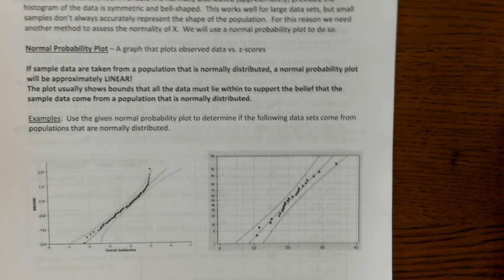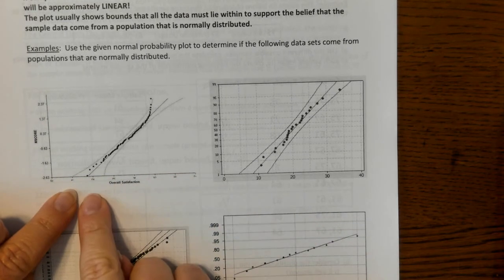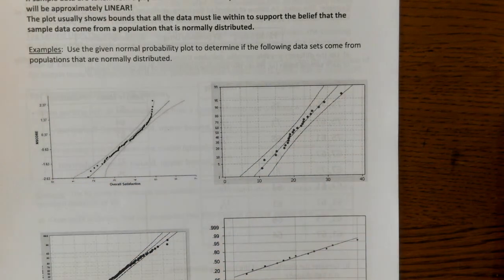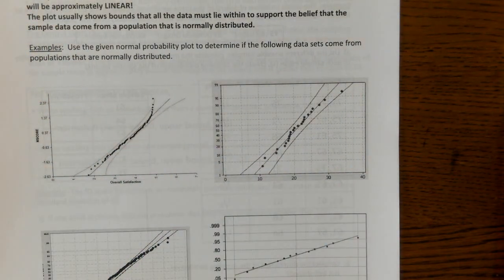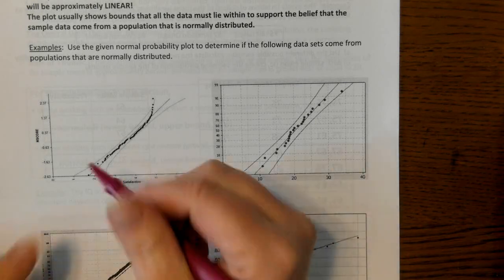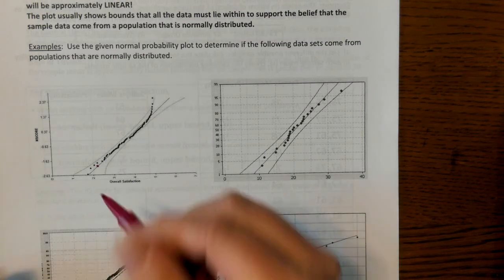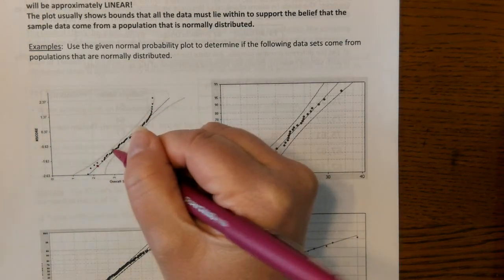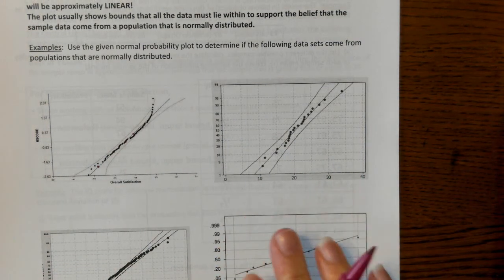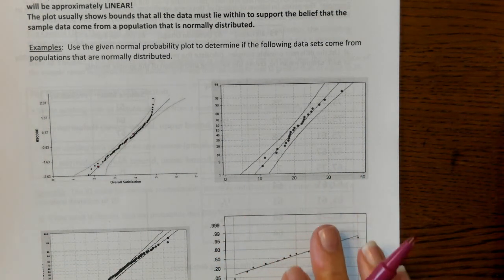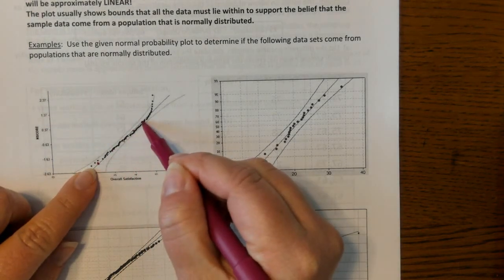Okay, so what they do is they take all the data and graph it on the x-axis, and we're going to find its z-score, and put all those z-score conversions on the y-axis, and we're going to put a dot. So maybe President Obama was this height and his z-score was this number, so that dot's for him. And President Trump, his height and his z-score puts a dot right there for him. I'm just making up where those dots will go. Okay, so if the data really is normally distributed, those data points will be in a pretty straight line.